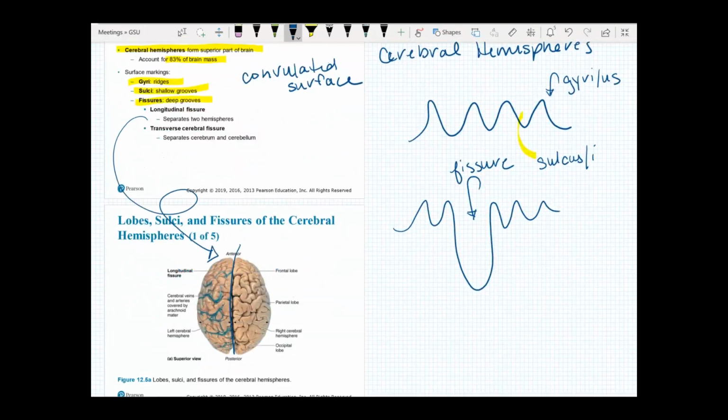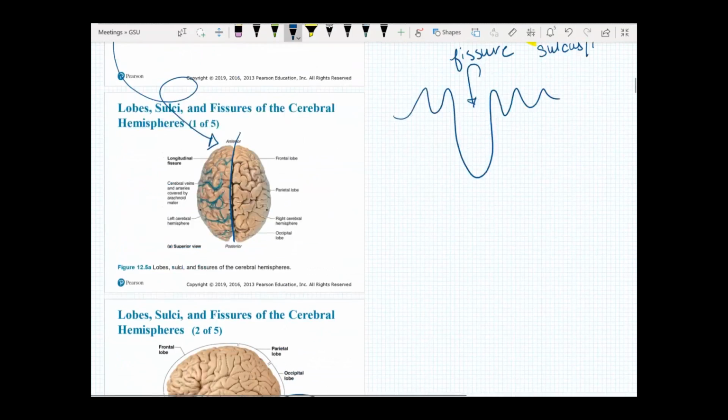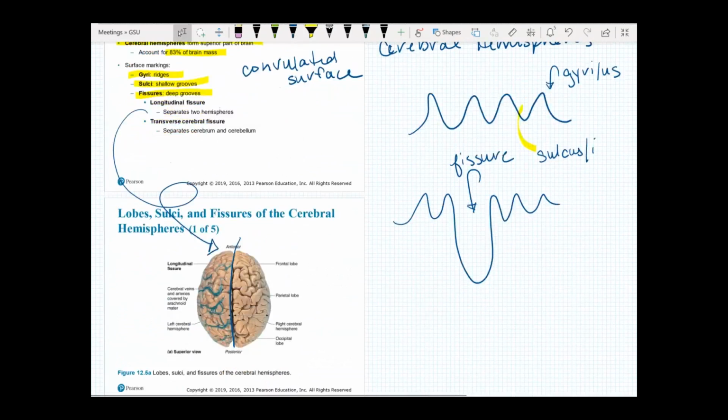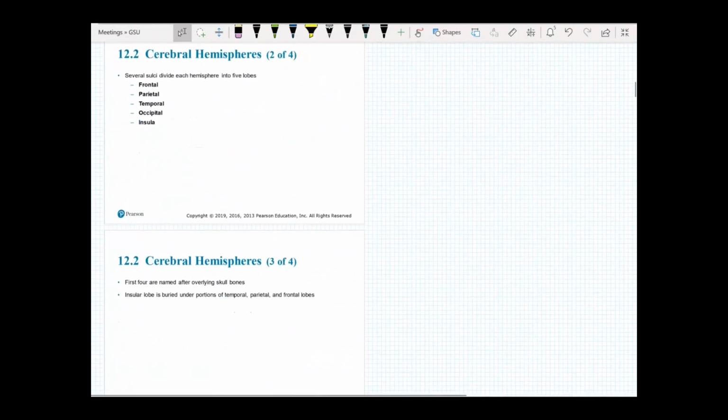We don't have that view, but we have it right here, so you can see that right there. Those are the two major fissures. All of the other folded pieces are made by the gyrus and the sulcus. So those two terms are going to be our landmarks when we're talking about the brain.